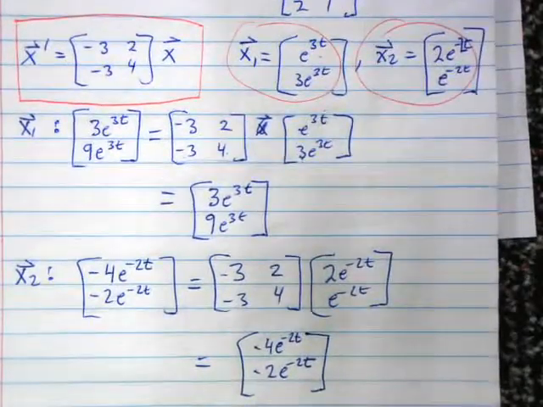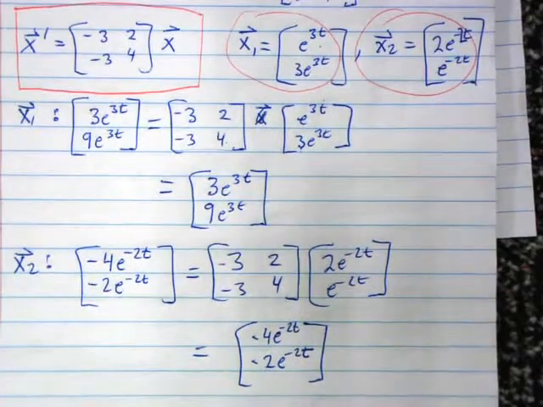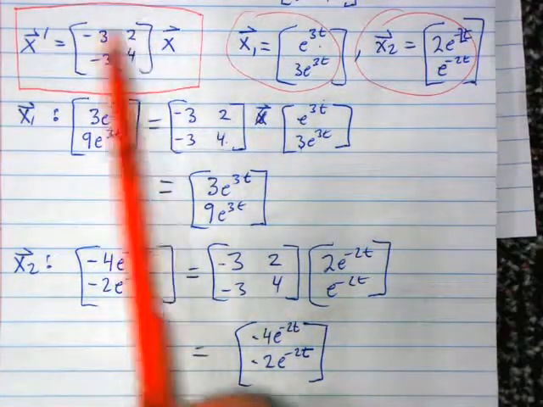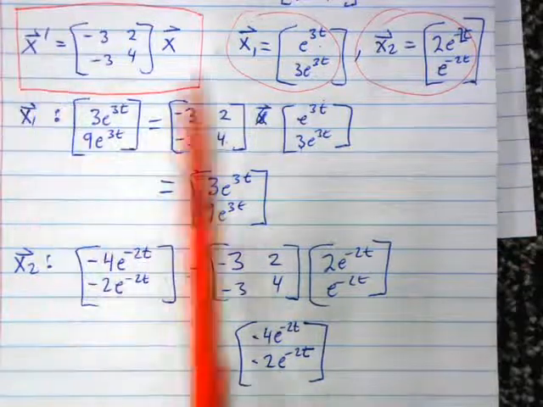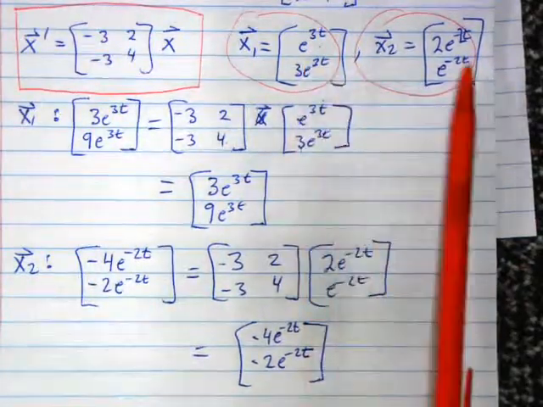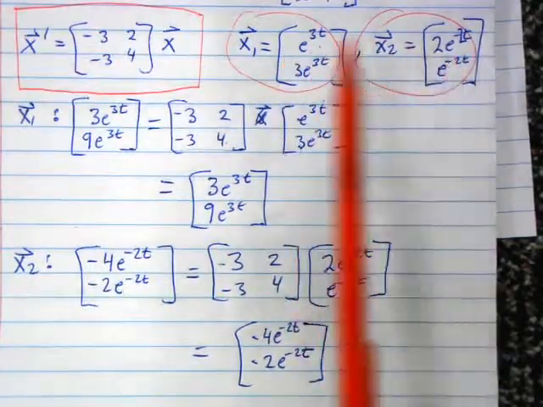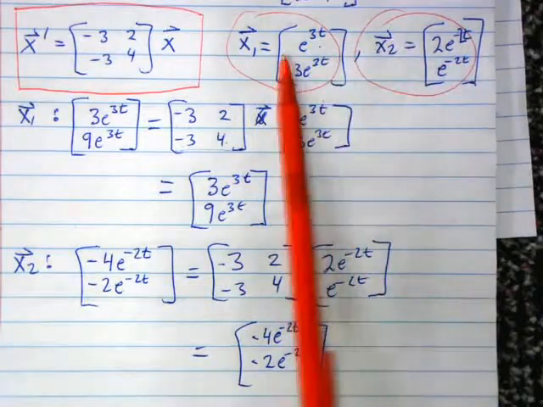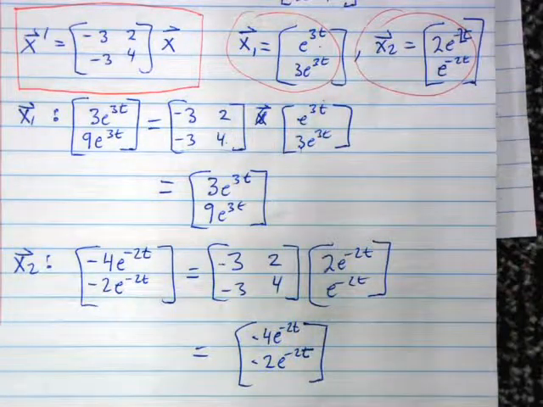But let me ask you a bigger question. For this system, we came up with two vector solutions. How many solutions should we come up with? Infinitely many? Okay, so where are all the other ones?